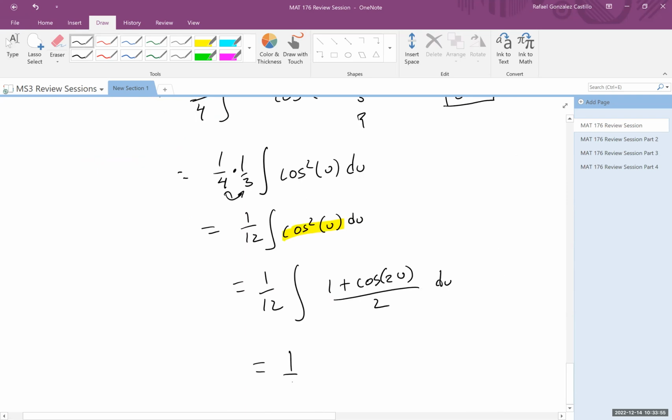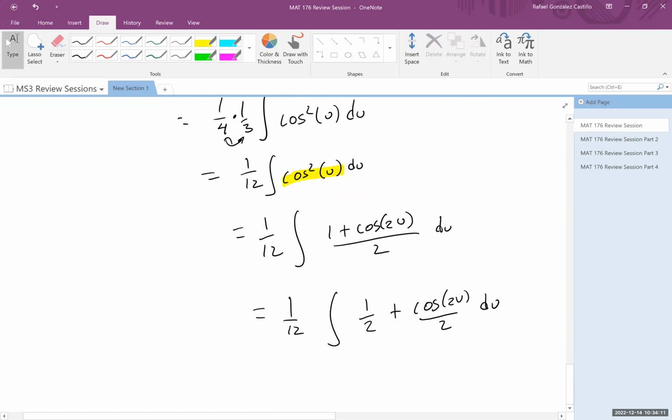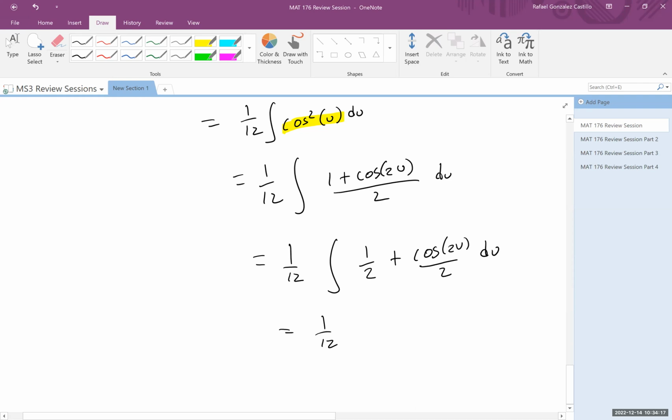From this point on, we could use a few techniques from the course. Namely, we could first rewrite this as 1/2 plus (cosine of 2u) over 2 du. Simply break up the numerator. And then we know that we could actually find the integral by pieces.